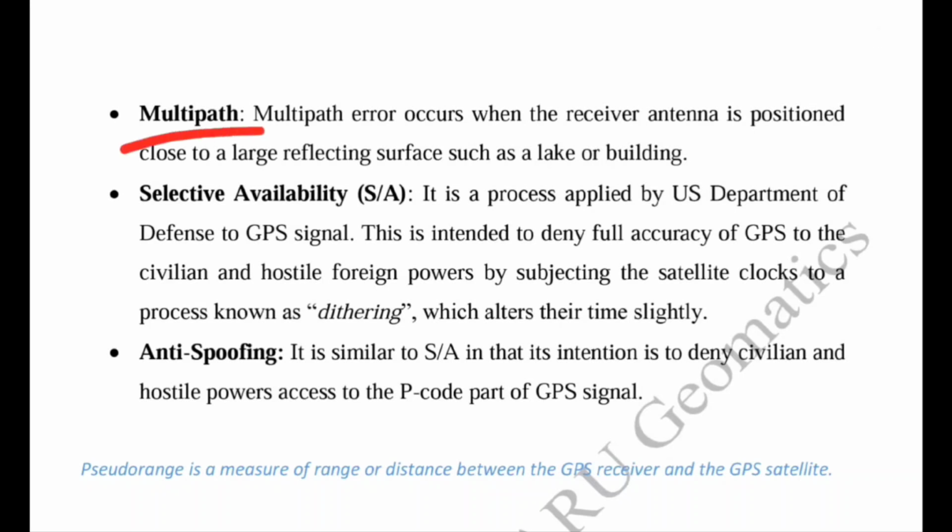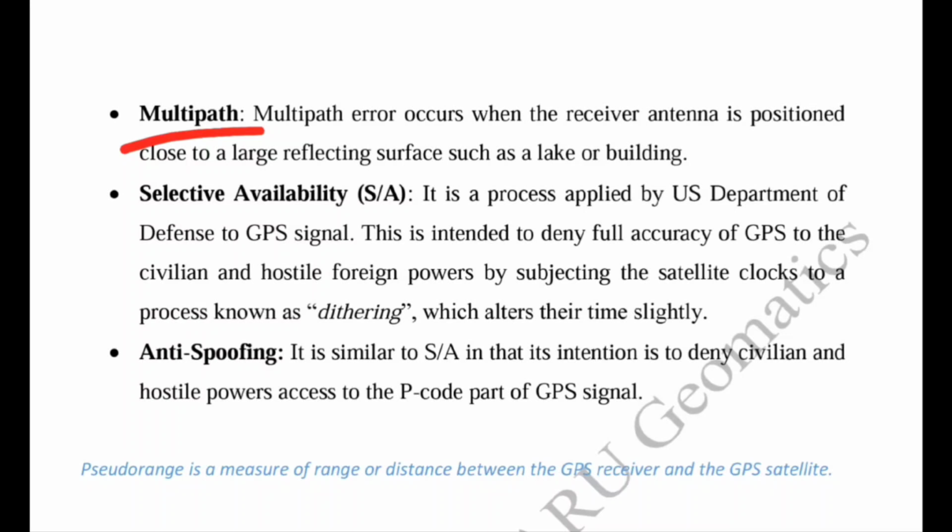There is another source of error which is known as selective availability. As we already know, selective availability is the error which is introduced intentionally by the US department to reduce the accuracy of the GPS calculation, basically for security purposes.